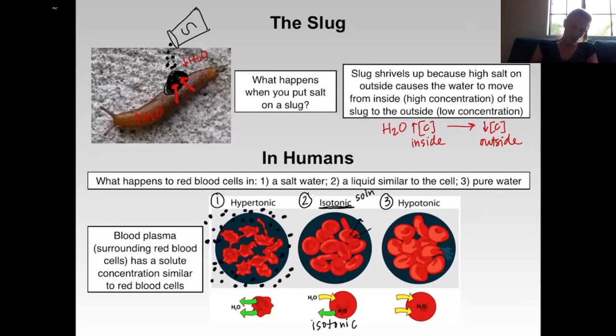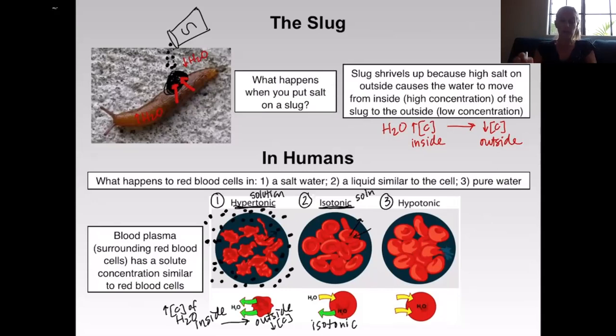So here we have a high concentration of water inside the cells, and it's going to move down its concentration gradient to a lower concentration outside of the cell, right? And you can see water is going to move out, and those cells are going to shrink up, right? This is an example of a hypertonic solution, right?